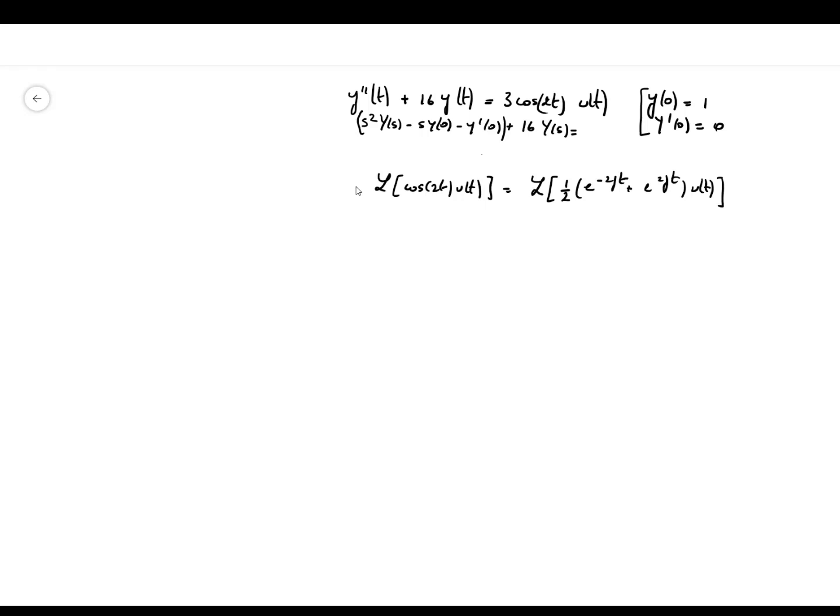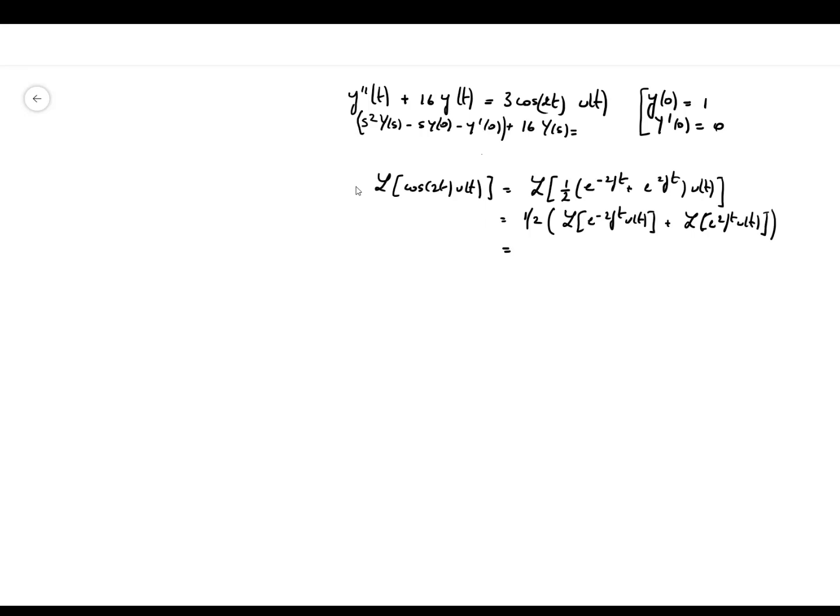So this is the Euler identity. By linearity, what you have is 1/2 Laplace transform of e to the minus 2jt u of t plus Laplace transform of e to the 2jt u of t.